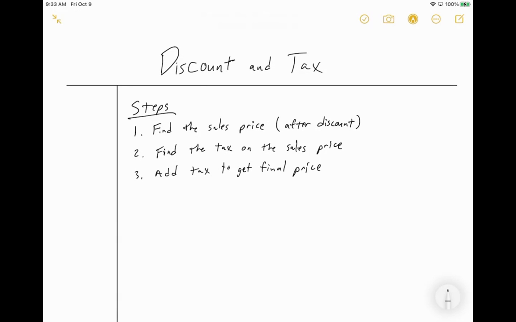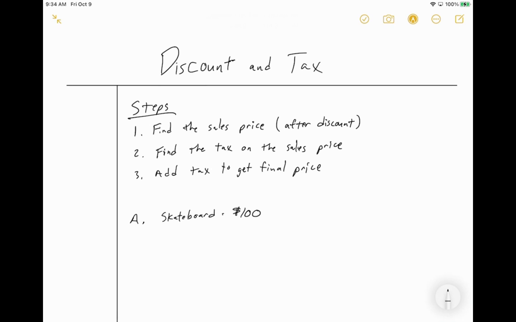Let's do a simple problem here. Problem A. Let's use nice round numbers. Let's say you're going to buy a new skateboard, since we're talking about skateboarding, for $100.